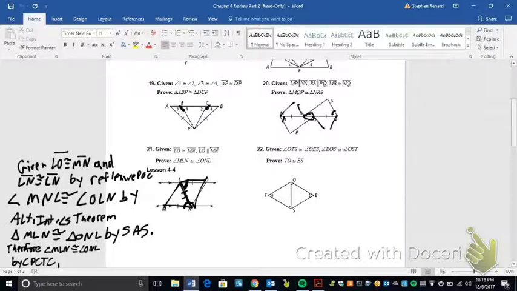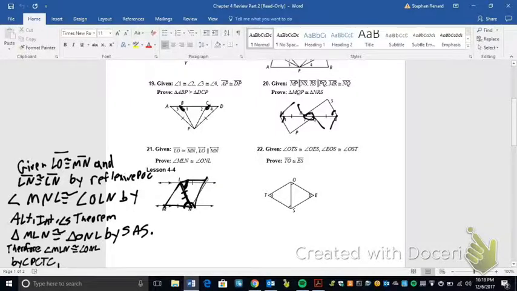So those two triangles are going to be congruent by side angle side. Because those two triangles are congruent, we can affirmatively state that MLN and ONL are congruent by the fact that corresponding parts of congruent triangles are congruent.